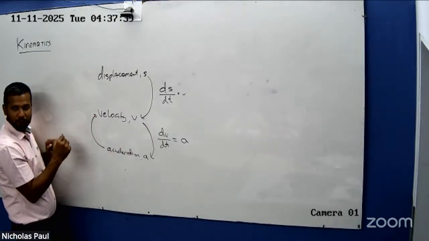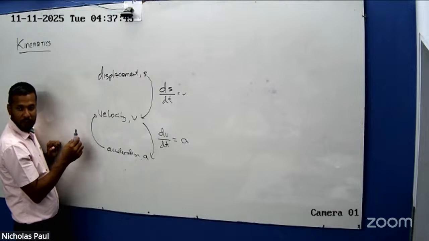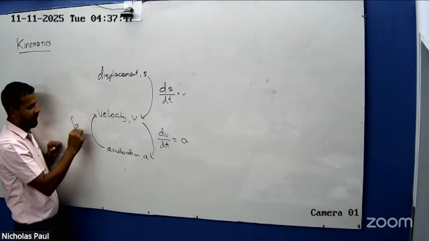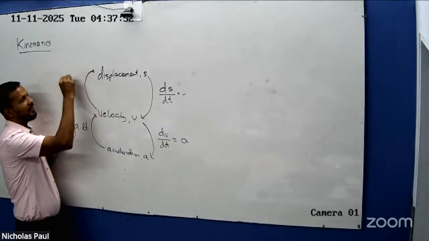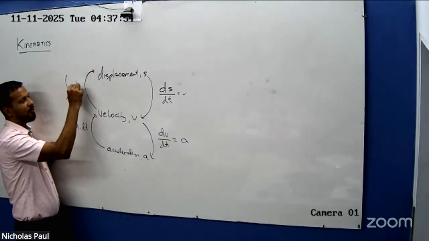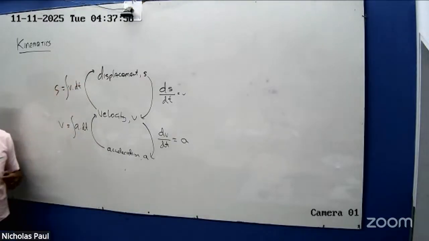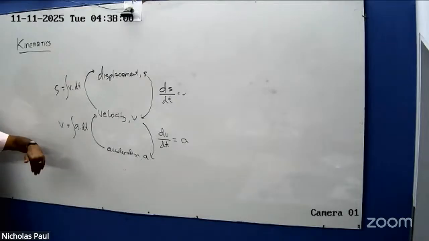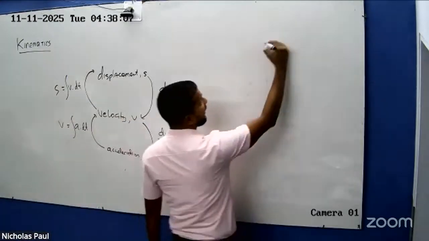You'll integrate A with respect to t, and here you integrate V with respect to t. So to go down, differentiate; up, integrate. There are some small notes I have to give you, so copy that down.